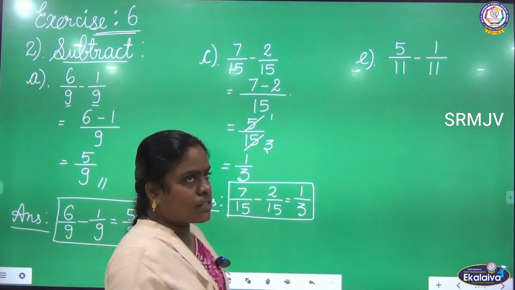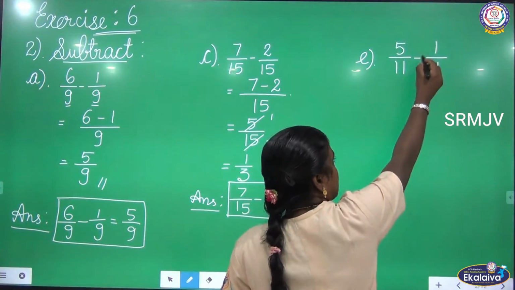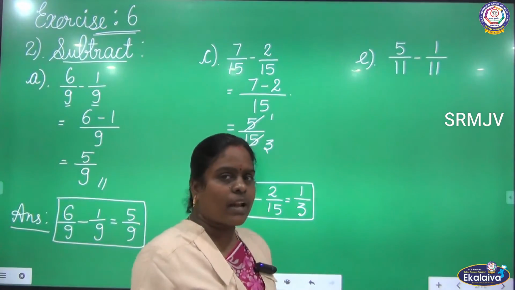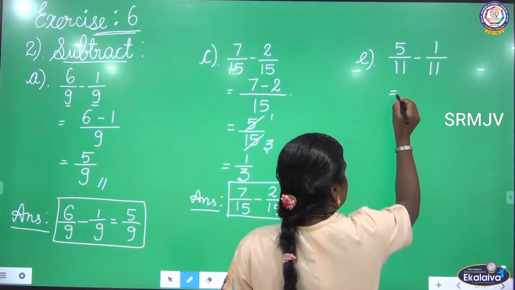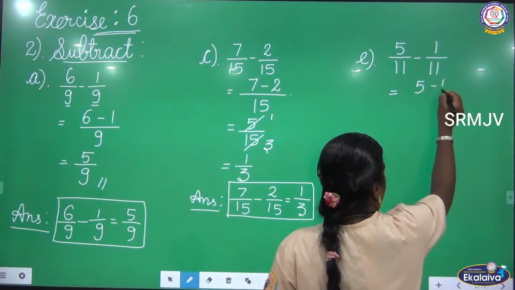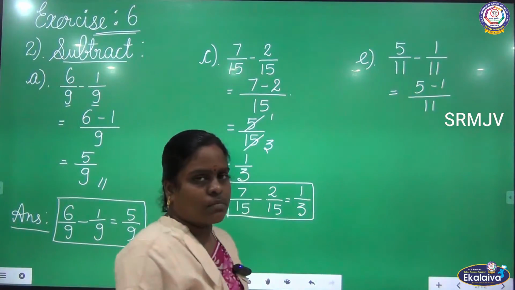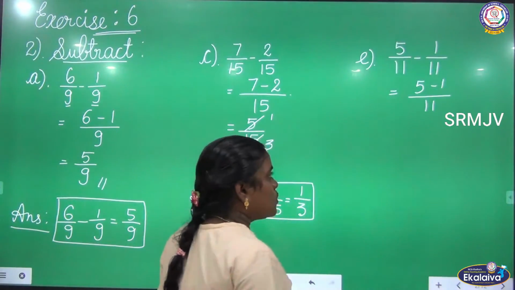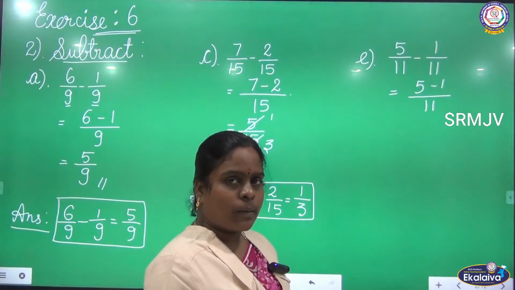Let us move to the next question. 5 by 11 minus 1 by 11. So we are going to subtract only the numerator because the denominators are same. So subtract 5 and 1 and the denominator remains the same, that is 11. So subtract 5 and 1. What will you get if you subtract 5 and 1?